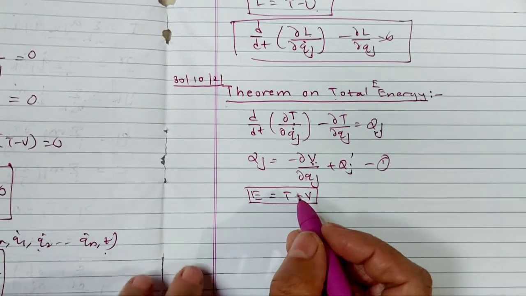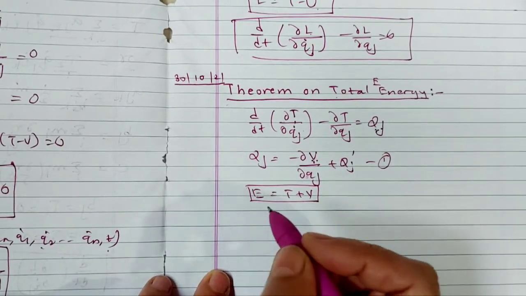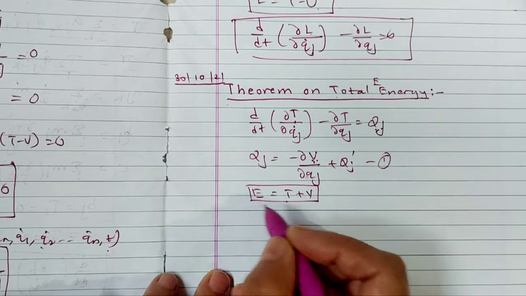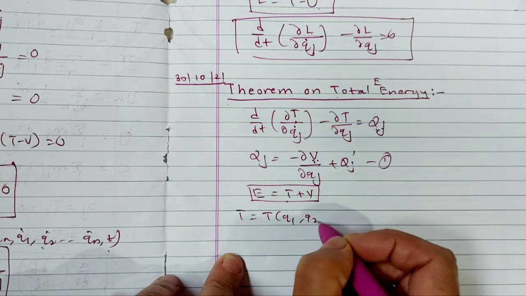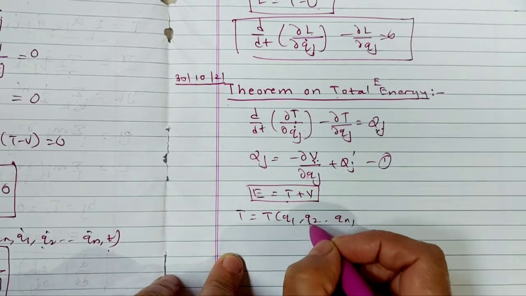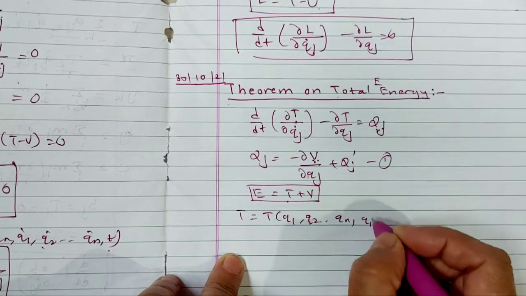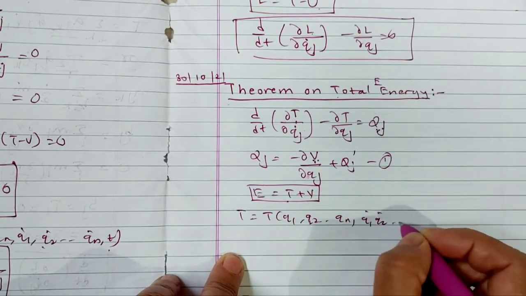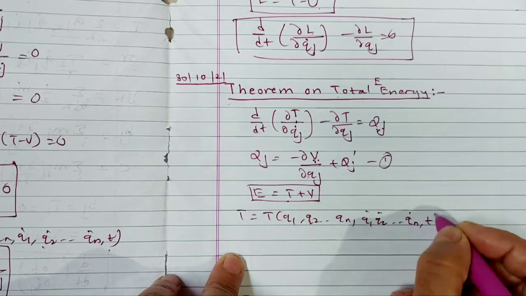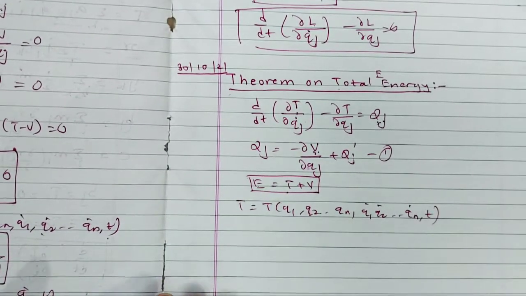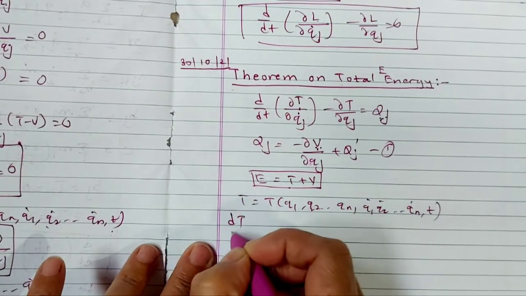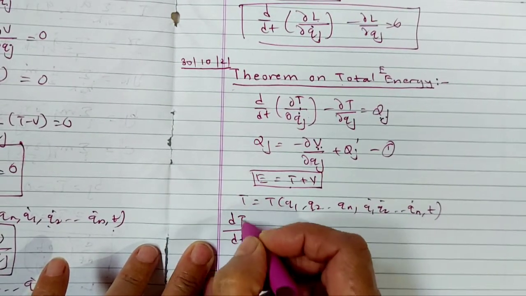So we'll try to determine the time dependence of this T. We'll say that T is a function of q1, q2 up to qn, these are my generalized coordinates, then q1 dot, q2 dot, qn dot and time. It depends on generalized coordinates, generalized velocities and time. Next, take the time dependence, which means dT/dt.